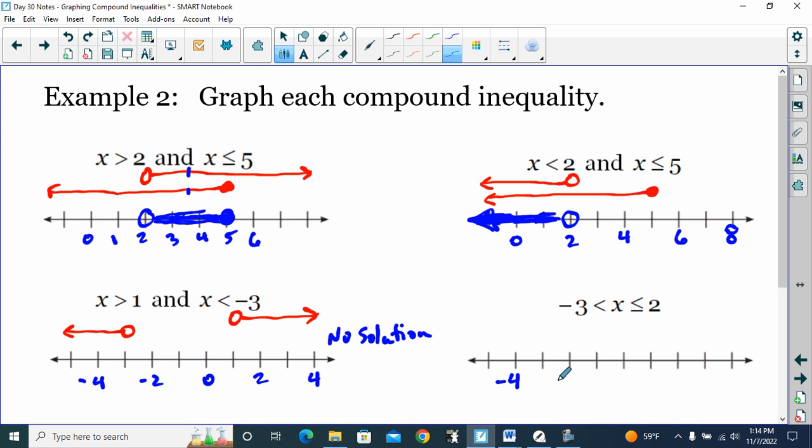So we can put our number line out there. x needs to be bigger than -3 and also less than 2. These are the values in between the -3 and the 2, which makes sense that the x is in between the -3 and the 2. So we've got an open circle at -3, a closed circle at 2, and our shading is in between.